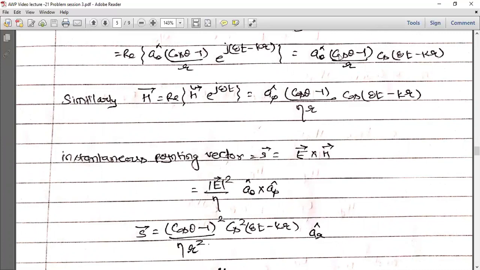As you can see, this is the magnitude of E, cos theta minus 1 upon r cos(omega t minus kr), and this is the magnitude of H, cos theta minus 1 upon r cos(omega t minus kr) divided by eta. So this H is actually the magnitude of E theta divided by eta, and that's why we have written E of a theta cap cross, this is the cross product, magnitude of E by eta into a phi cap. I hope you are not having any problem in representing this.